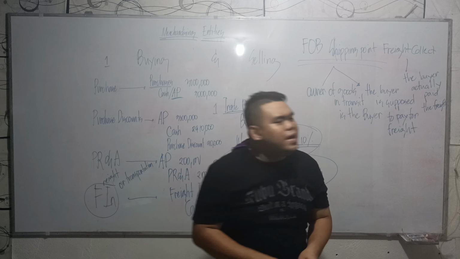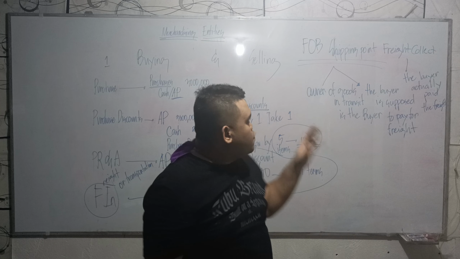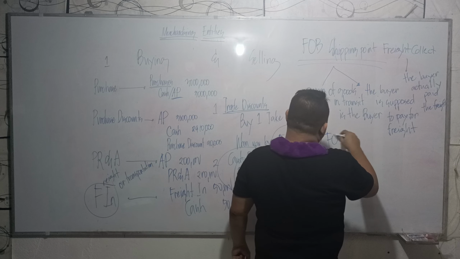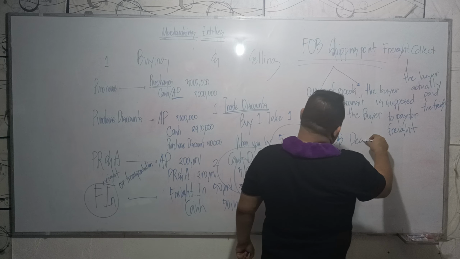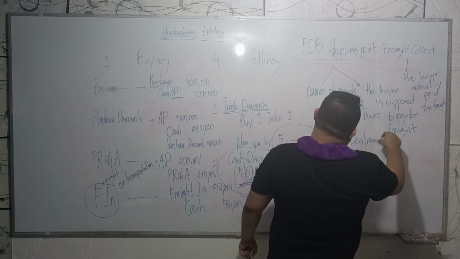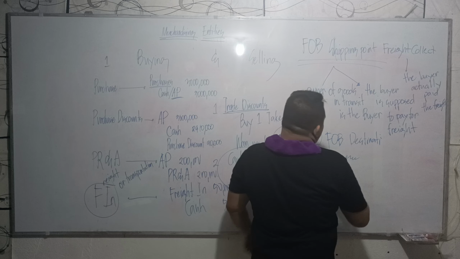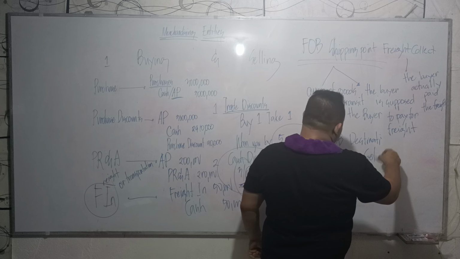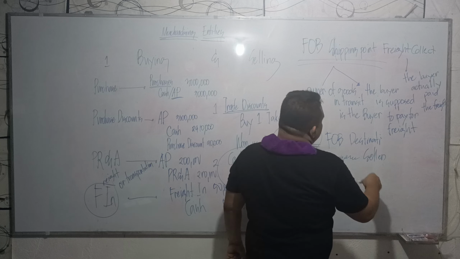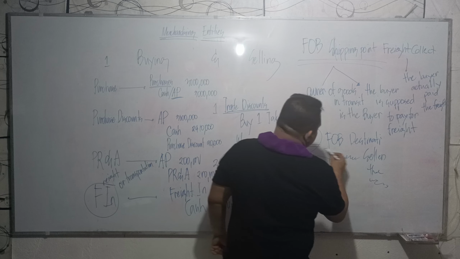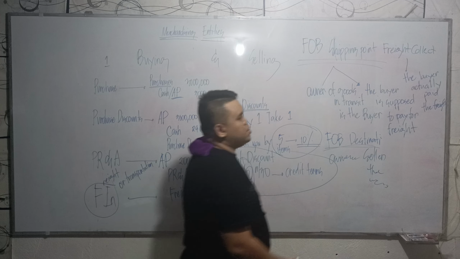And freight collect is the buyer actually paid the freight. That's the meaning of those technical terms. Of course, it could be the opposite. So the opposite is FOB destination, which means the owner of the goods in transit is still the seller, and the seller is supposed to pay the freight. That's the meaning of FOB destination.